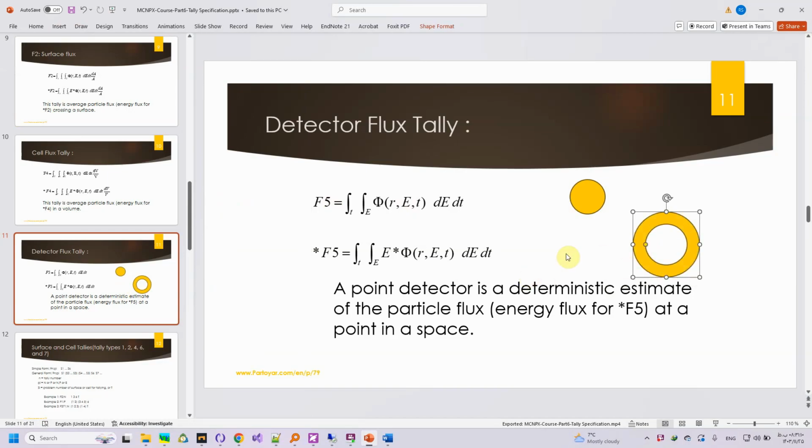So the next type is a detector like a ring, where we must consider its center and also the radius from the center to the center of the rings. And the last parameter is the radius of the ring.